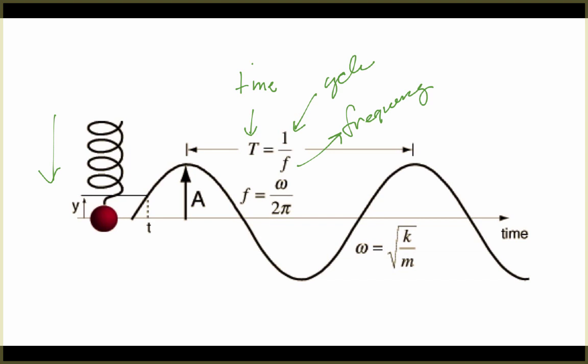You can rearrange it: frequency equals 1 over T. So the time it requires for one cycle to go through is the period.